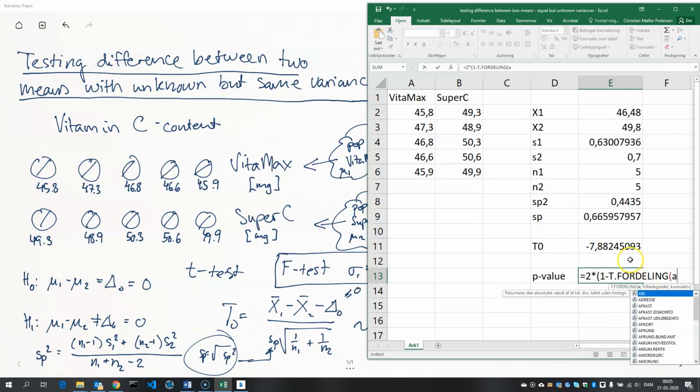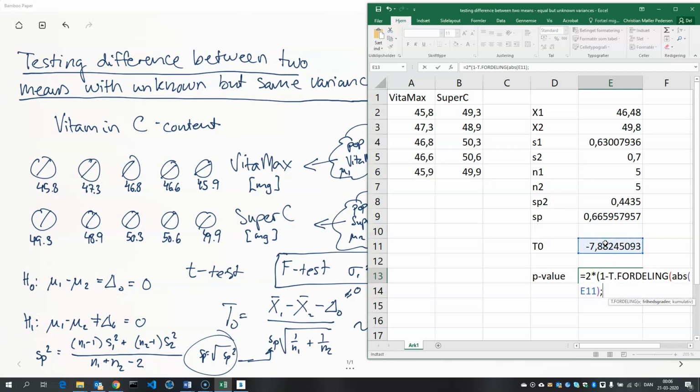And we input the absolute value of the test statistic. And then the number of degrees of freedom, which in this case is n1 plus n2 minus 2. And then we write true, or in Danish cent, because we want the cumulative distribution function. So this gives us a very small p-value, 4.857 times 10 to the minus 5th.